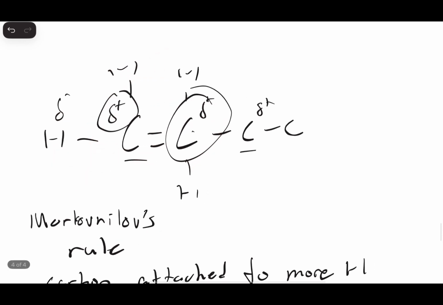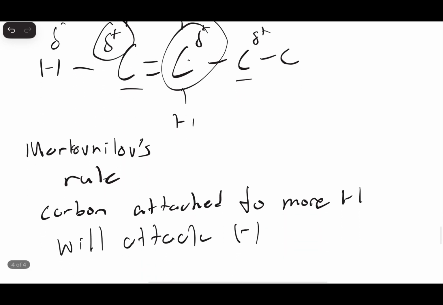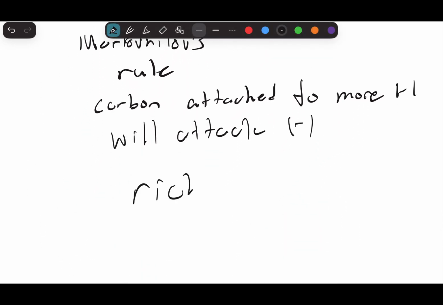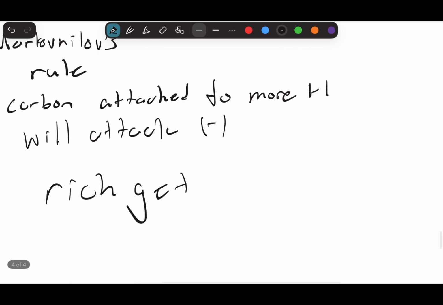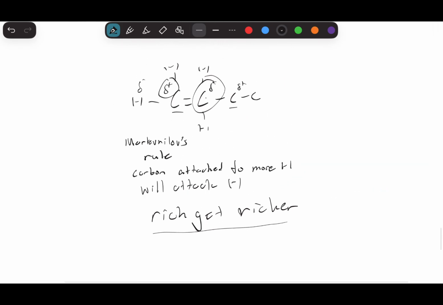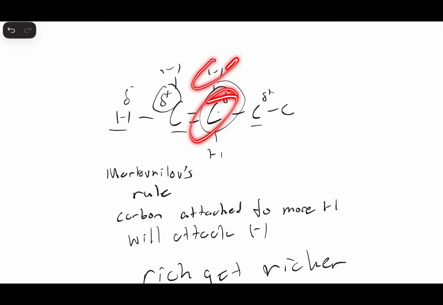It's less stable, whereas this carbon is attached to more different carbons, which makes it more stable and less likely to react. An easy way to remember this is rich get richer. So rich in hydrogen, it will get more hydrogen, and poor in hydrogen will get less hydrogen. It's really simple. And that's really it.